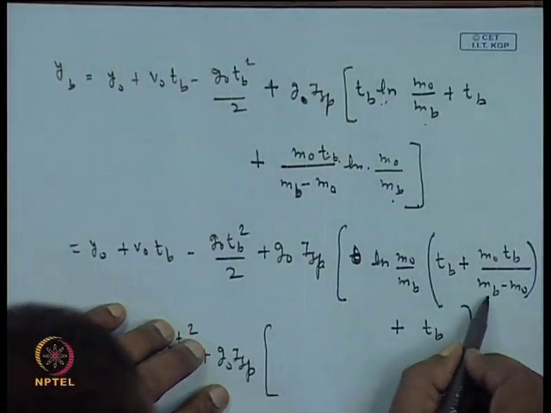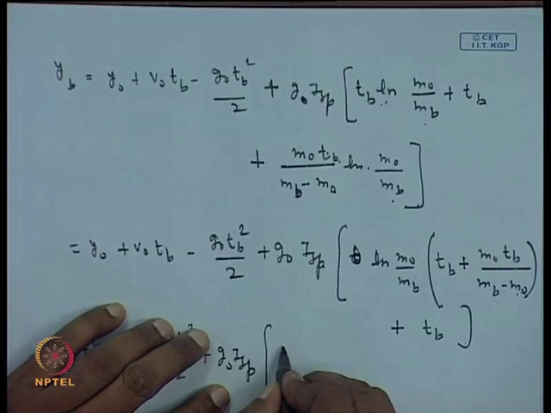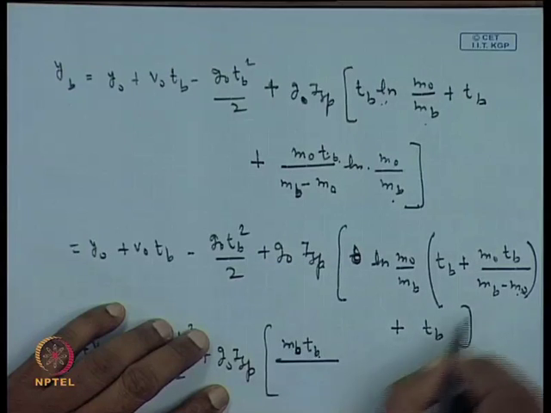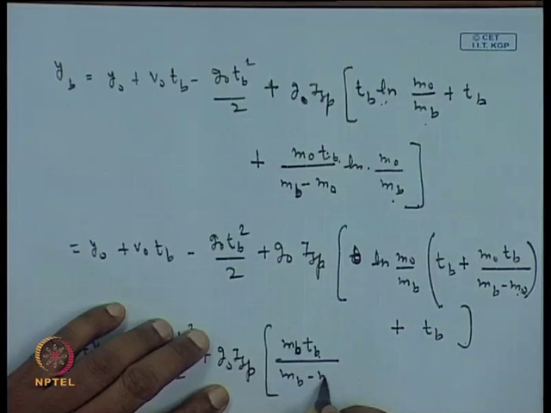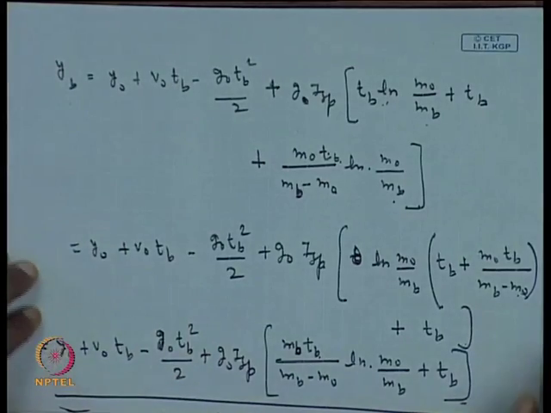If we multiply this, we can see that the m_0 T_b term will cancel out, leaving us with the term m_0 times m_b times T_b divided by m_b minus m_0 ln m_0 by m_b plus T_b. This is what we get in the next stage.